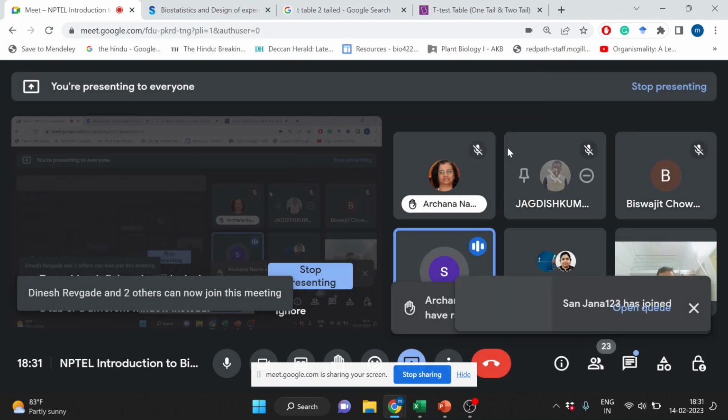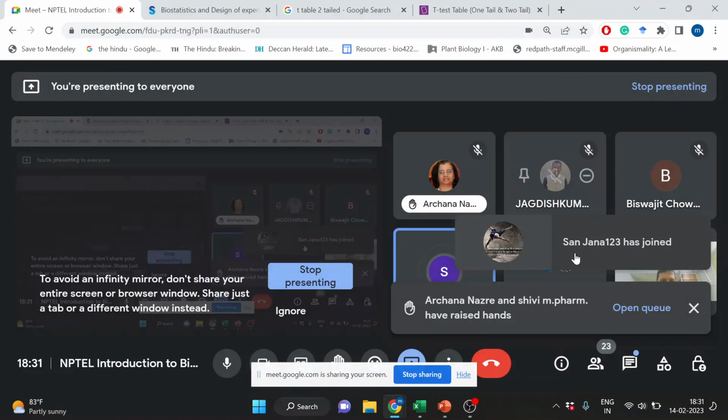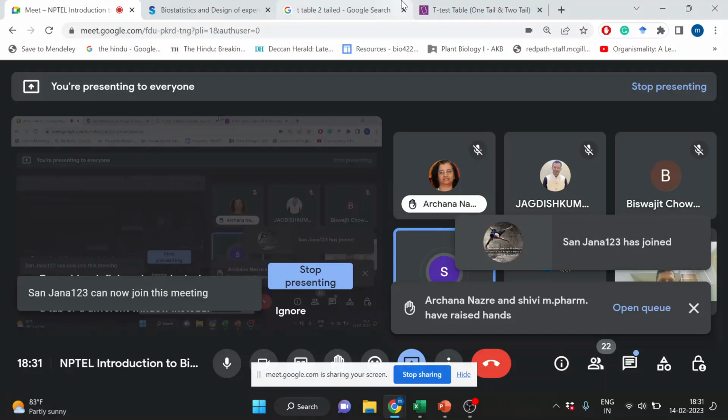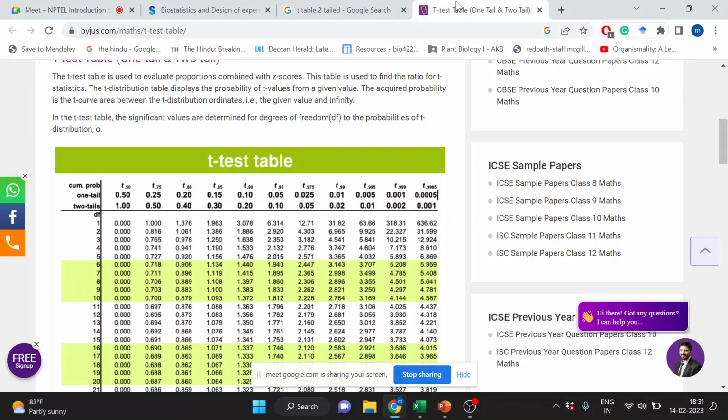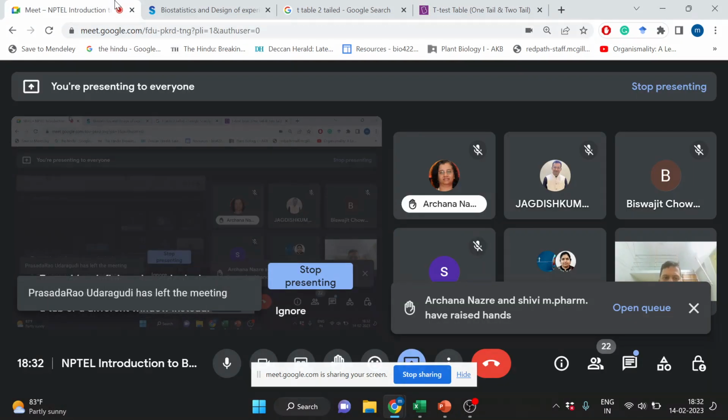Please explain one more time how, after looking at my t table, I can confirm that A is better than B. If the difference of means, mean of A minus mean of B, is positive, and the t value you get after doing all those calculations is more extreme than the t value you look up in the table, for example at 0.05 significance, one-tailed, for 6 degrees of freedom my value is 1.95, and I get a t value greater than that, and mean of A is greater than mean of B, then I say A is better than B. Okay, thank you so much, sir.